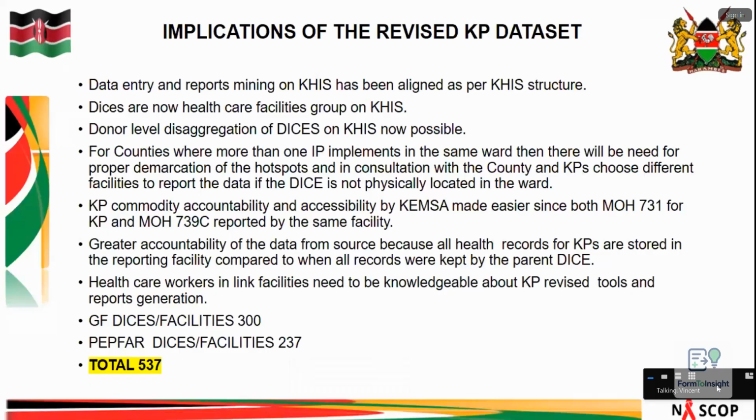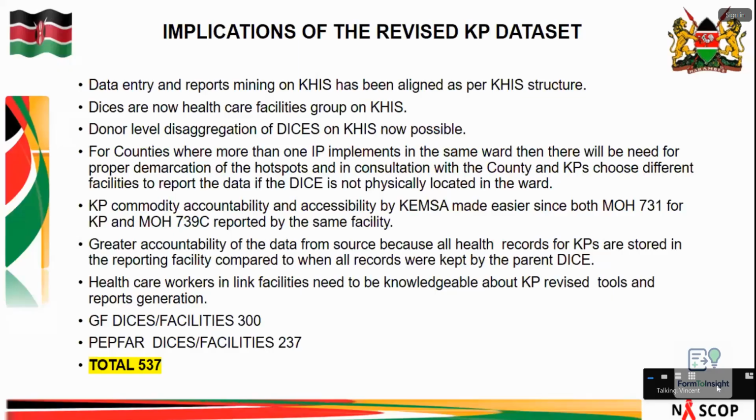And then the catch here now, healthcare workers in linked facilities. So these facilities that have been selected to offer KP services, we need to make sure that health workers are trained and also offer KP friendly services.